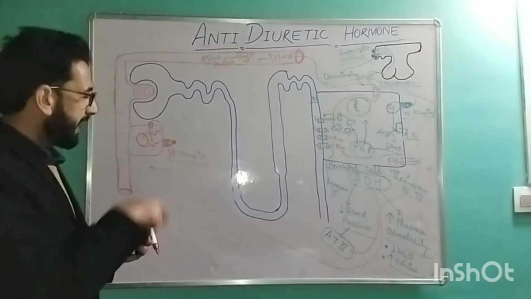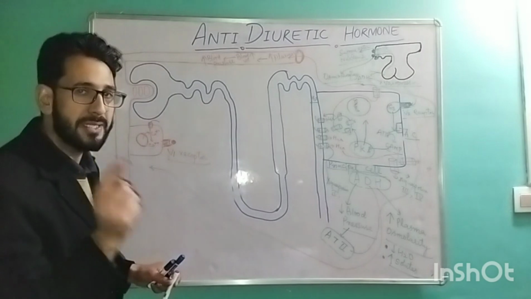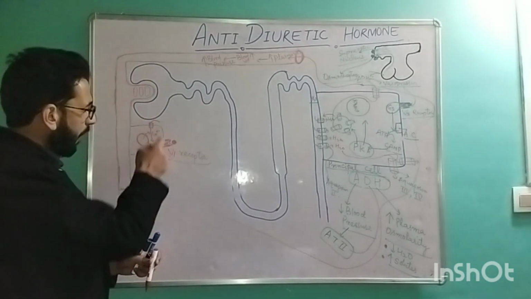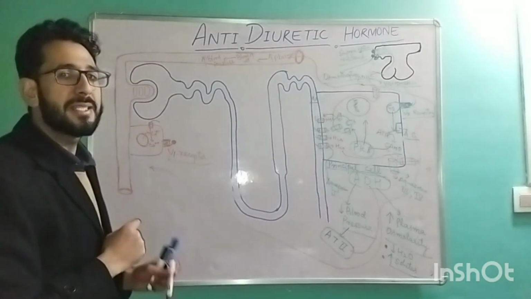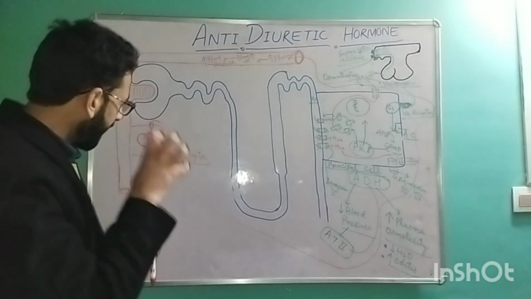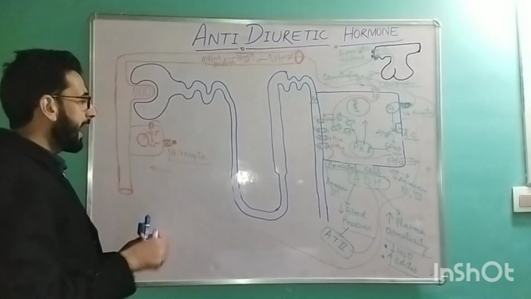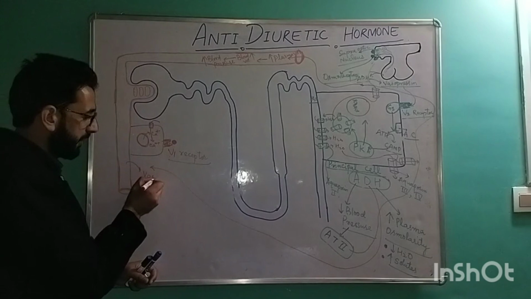Fine. So there is a lot of calcium now inside the smooth muscle cell. Which smooth muscle cell? The smooth muscle cell of the blood vessels. Fine. Now, if there is a lot of calcium inside the cell, what will happen? There will be contraction in the smooth muscles. Okay, and once these smooth muscle cells contract, what will happen to these blood vessels? There will be vasoconstriction.